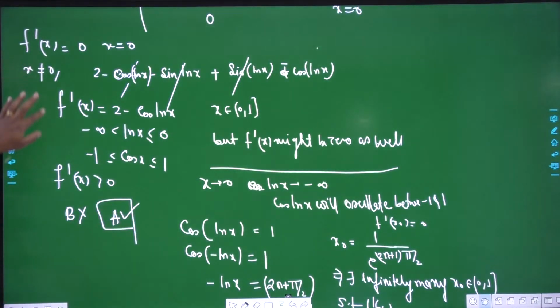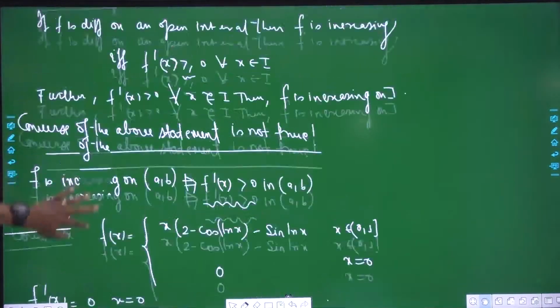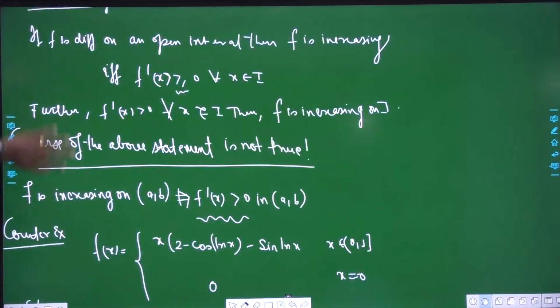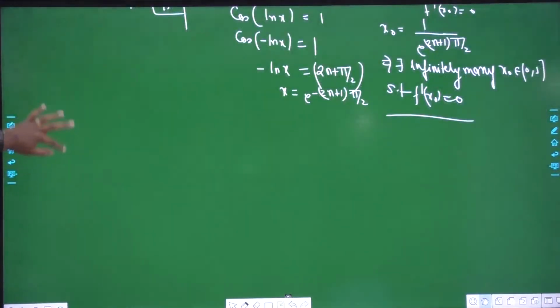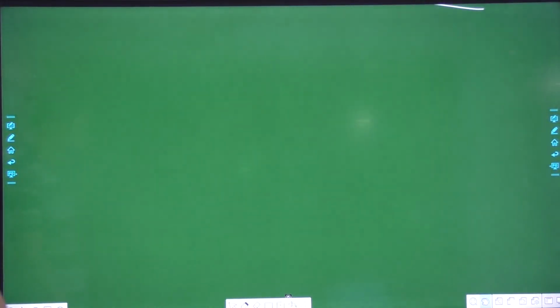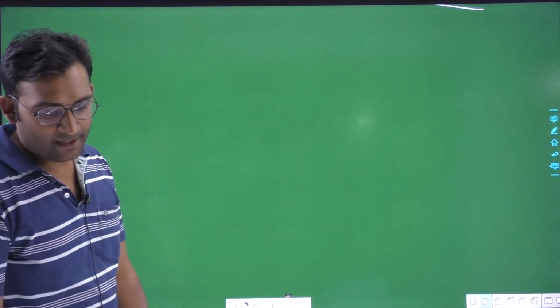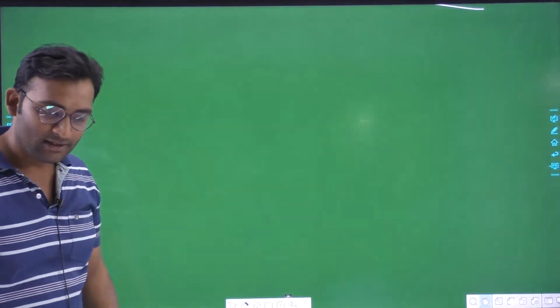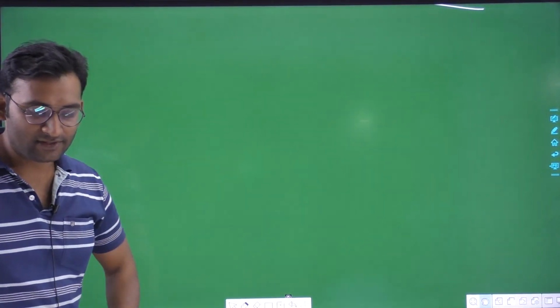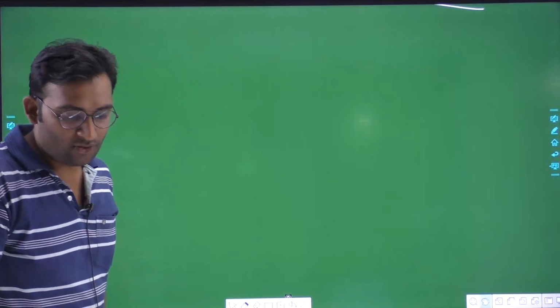That I have stated already initially, that you can see in your real analysis textbooks, no big deal. But this particular counter example, you must remember, even in your interviews, this will be a great reference. Now with regard to the other options: given that f dash x naught is greater than 0 for some x naught belonging to a, b, then there exists a del such that f of x is greater than f of x naught for all x belonging to x naught, x naught plus del.